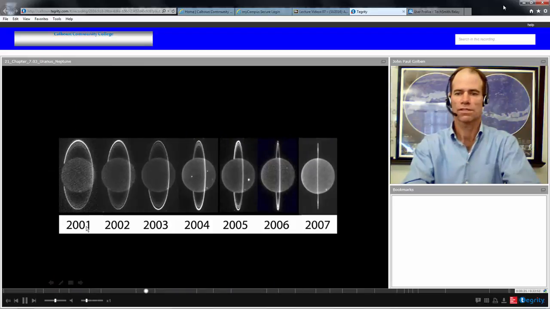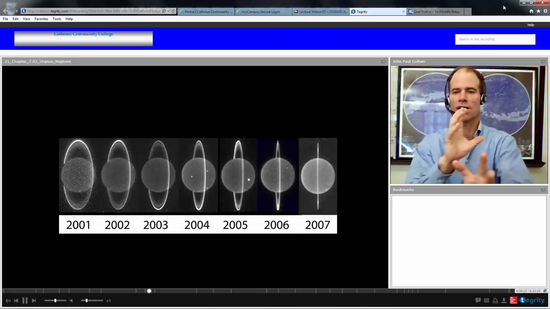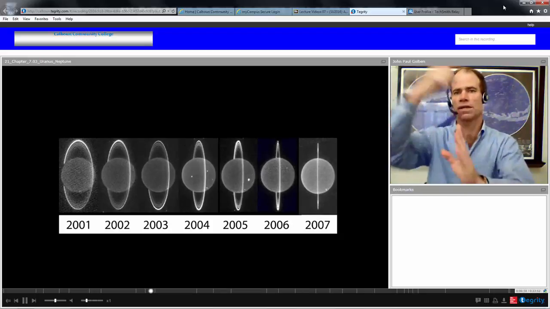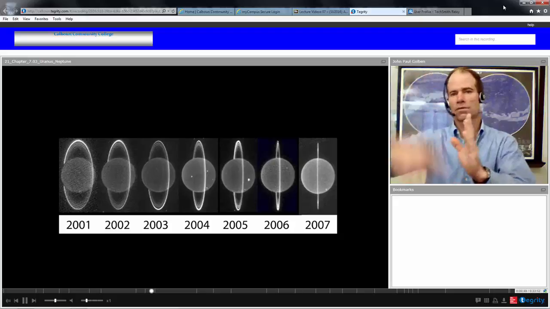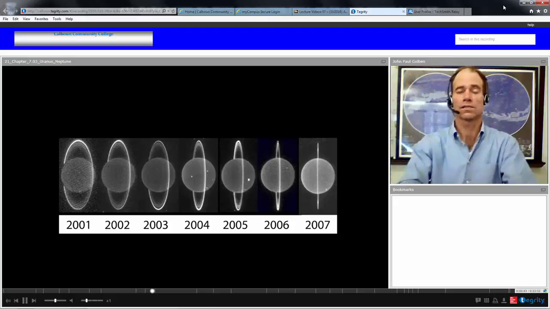Here's a progression, though, in recent years. From 2001 to 2007, we see Uranus getting more and more edge on, and finally in 2007 it is perfectly edge on, spinning like this in relation to us and the sun.